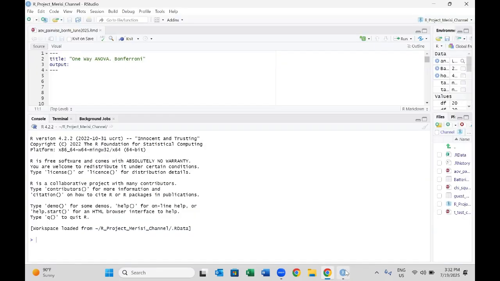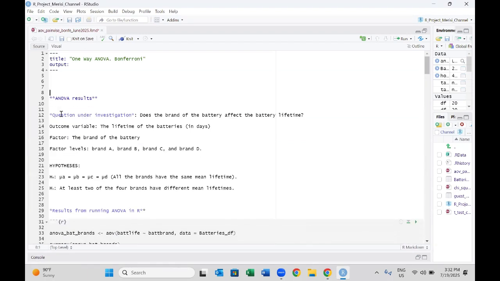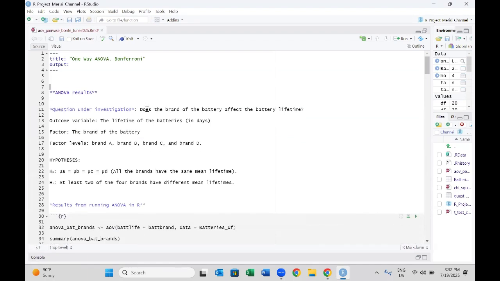Let's jump into R, and here I'm actually using RStudio, as you can see, and using RStudio, I created this notebook, and I'm going to run all my analysis in this notebook, all right? Now let's use this example. In this example, we want to know if the brand of the battery affects the battery lifetime.